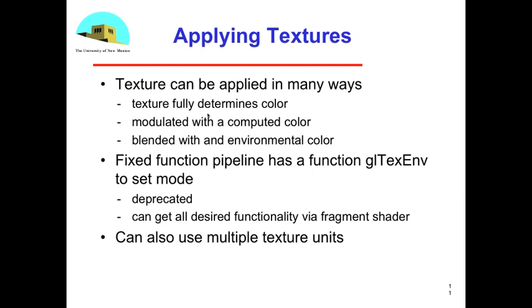sometime next week. And we could also use multiple texture units. I'll give you an example of that in a bit, where the idea is that you can apply texture after texture. Physically on the GPU, there is a sequence of texture units, texture unit 0, texture unit 1, 2, and so on, and there's a certain minimum that has to be supported.